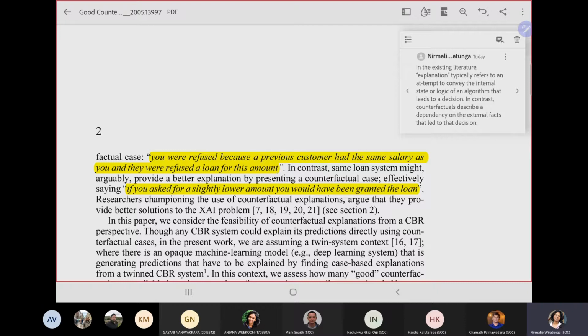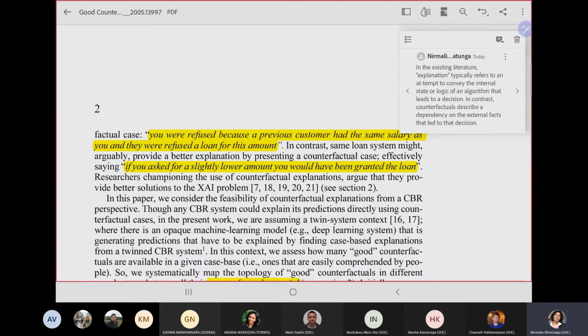But what they argue in counterfactual research is that, rather than just saying the obvious, it is far more beneficial if we can say something like: if you asked for a slightly lower amount, you would have been granted the loan. This, they say, is actionable knowledge, something that the user can do to change their situation. And that is far more useful than just saying you were refused because of this particular reason.